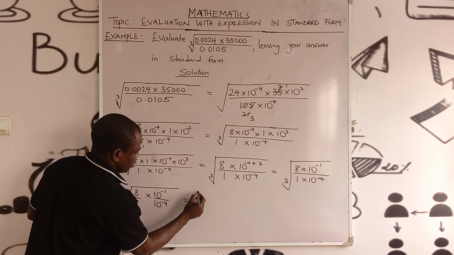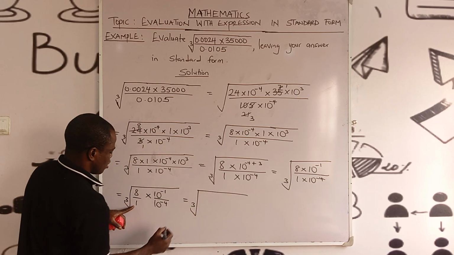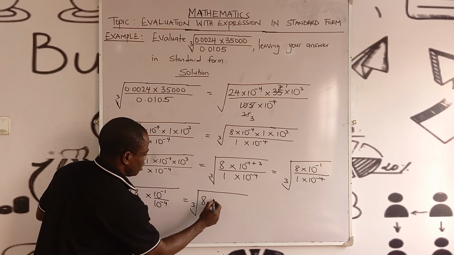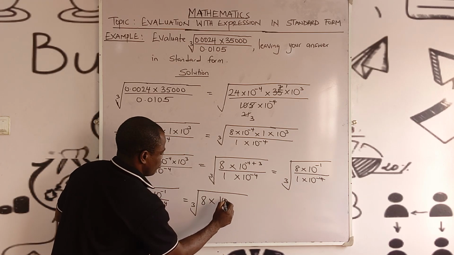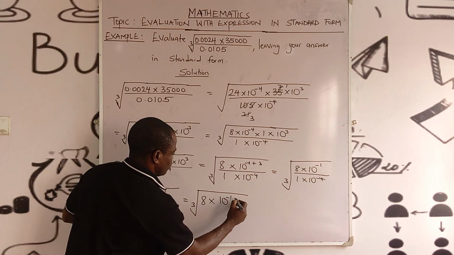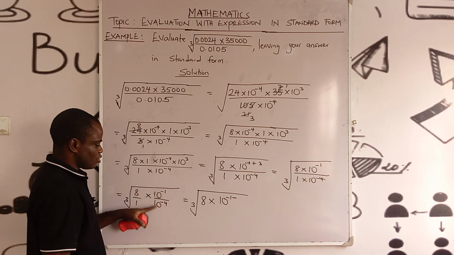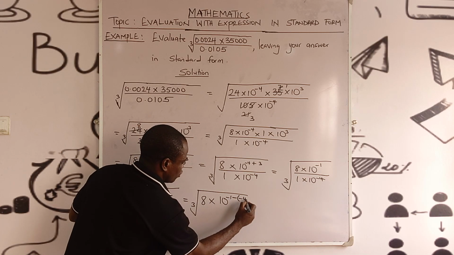You now have it equal to the cube root of 8 divided by 1, that's 8, times 10 raised to power minus 1, and division stands as negative, so minus the other minus 4.